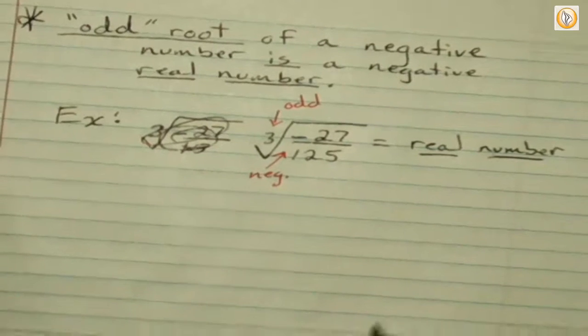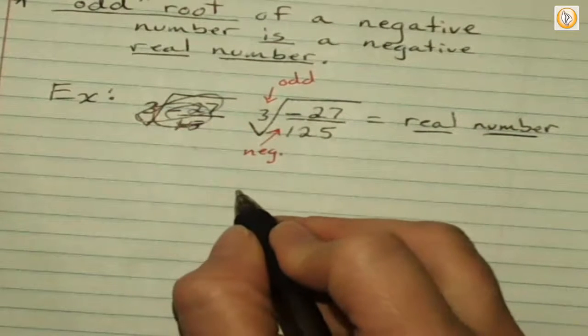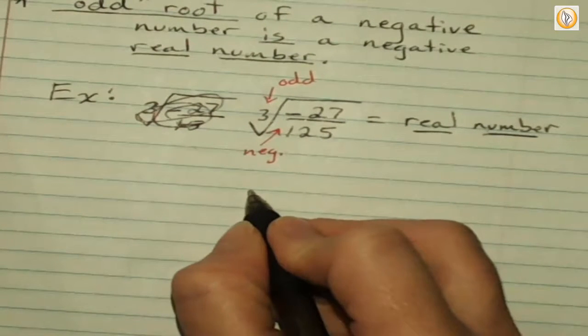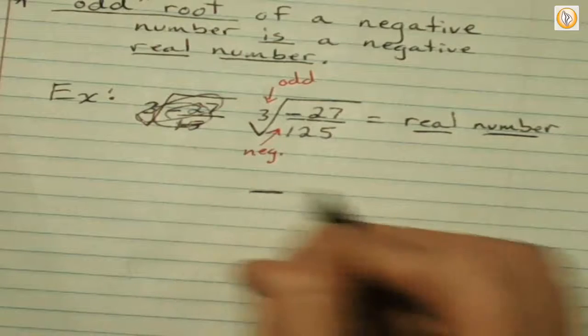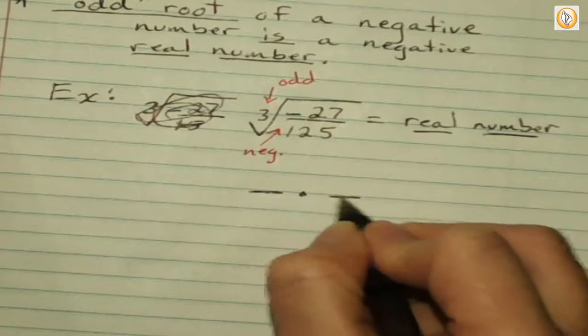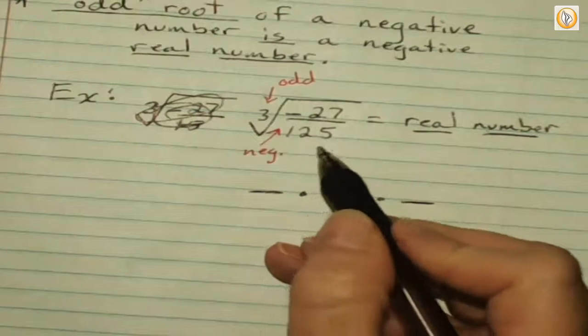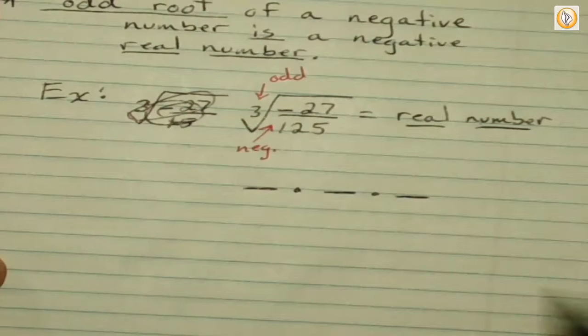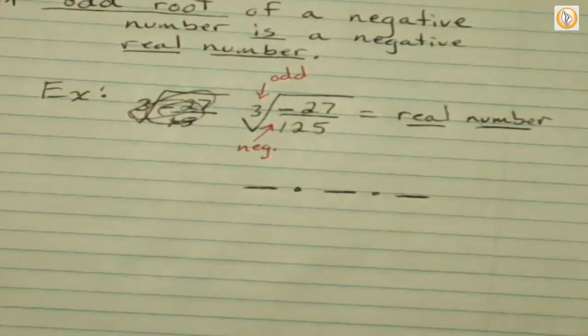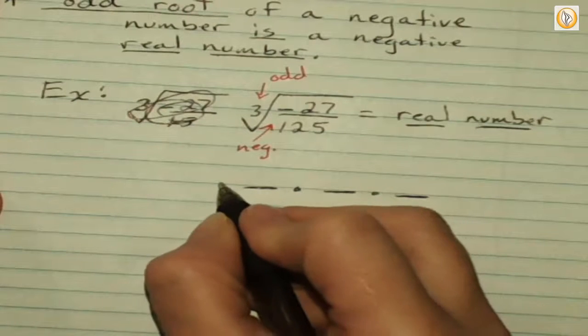So what we're looking at is what times itself, and it's going to be a fraction, 3 times gives us negative 27 over 125. So what number on top multiplied by itself 3 times gives us 27, and on the bottom? Okay, so watch this.